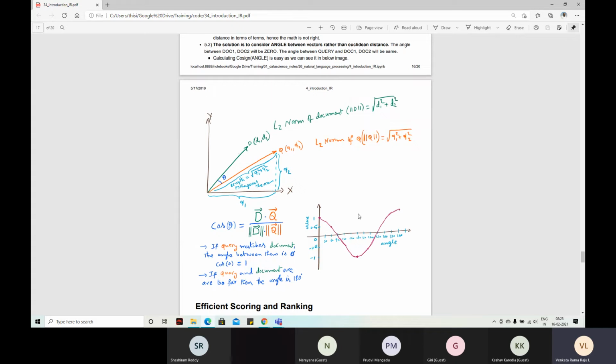coefficient, edit distance, weighted edit distance, these are all things used in NLP. NLP and information retrieval are one and the same, but in the scientific community they are written as separate things.